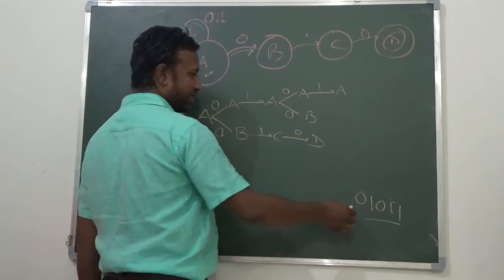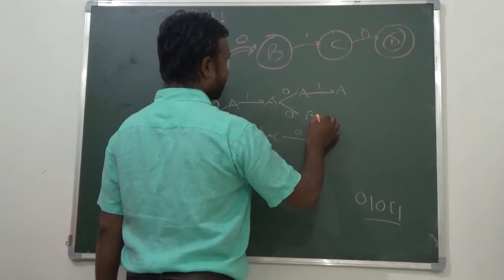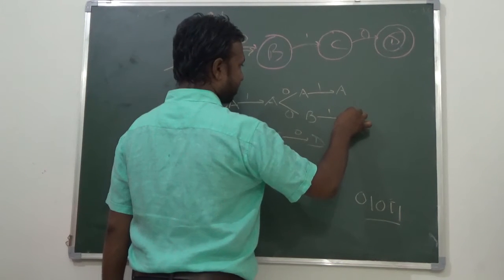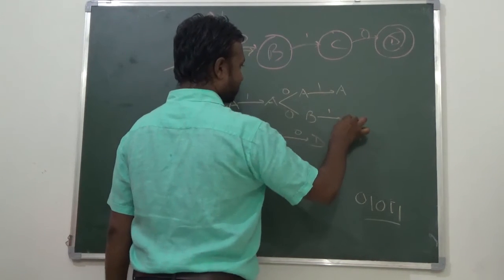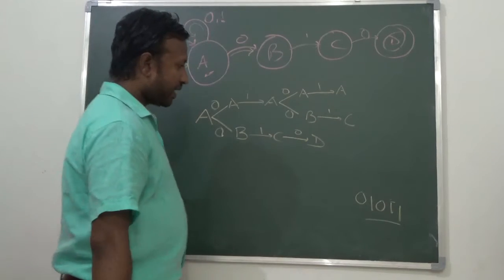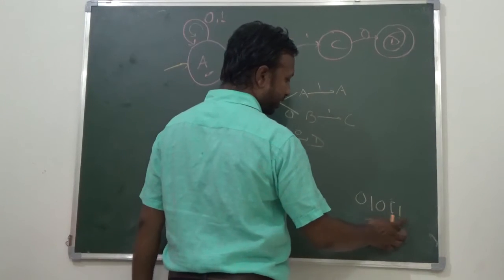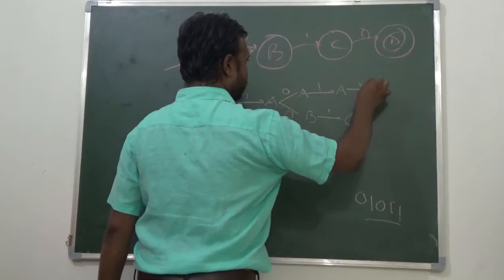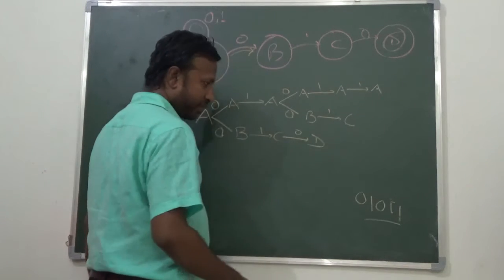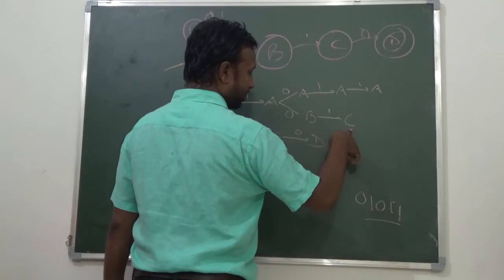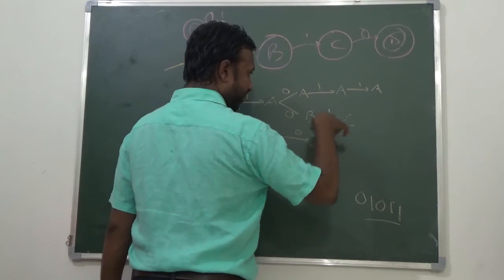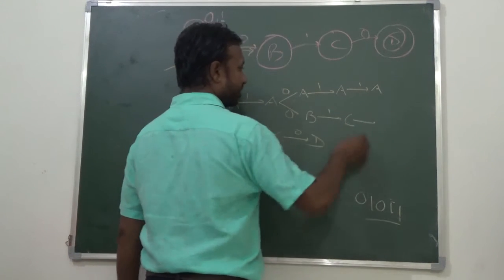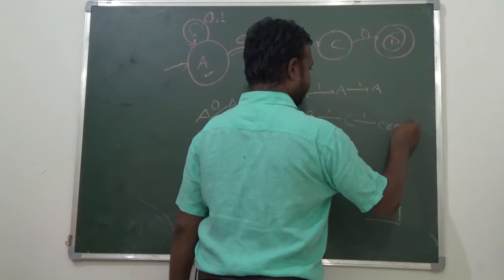But if the machine decides to stay in B, then by following 1, the machine goes to the state C, and then the machine needs to process the 1. Here there is only one choice, we need to go to A. If the machine stays in C, then there is no choice and the machine will crash.